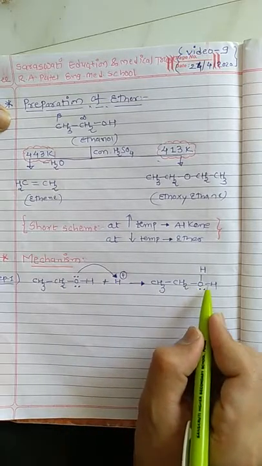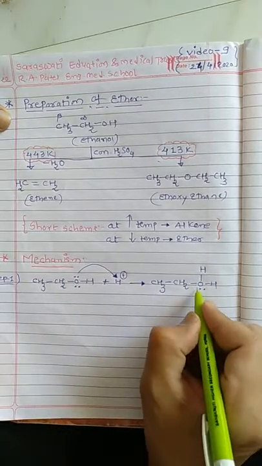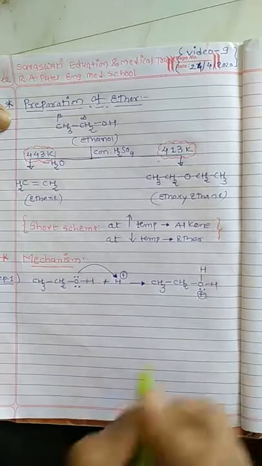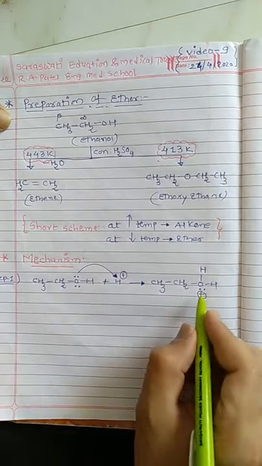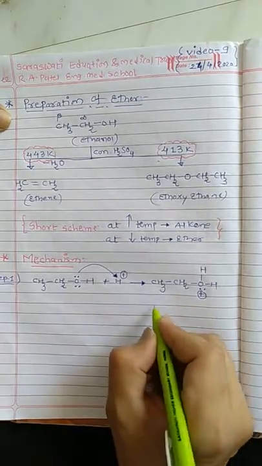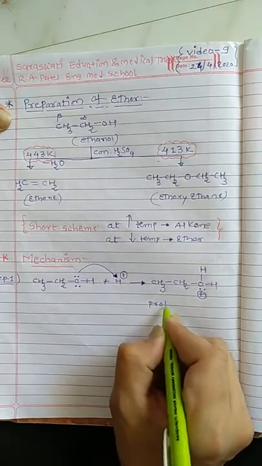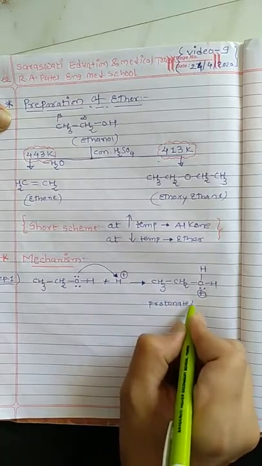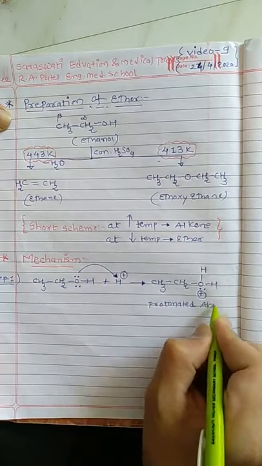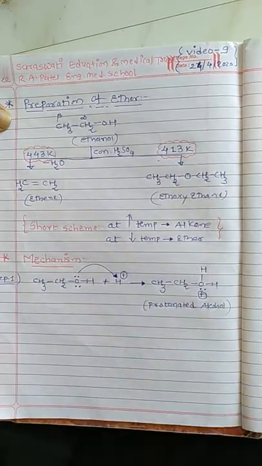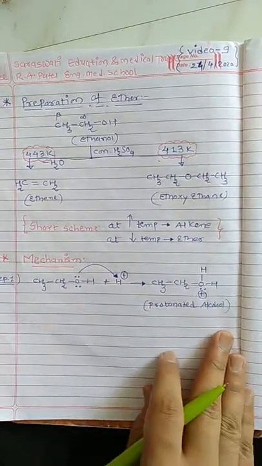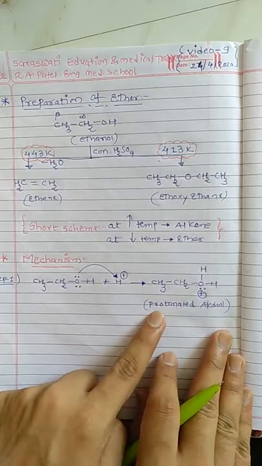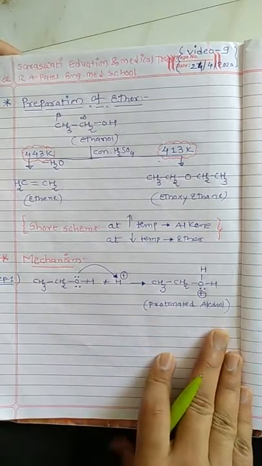Due to excess of valency, oxygen gains a positive charge. This positively charged species is called protonated alcohol. So in step number 1 we get protonated alcohol.